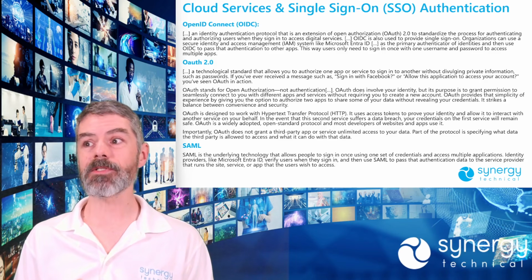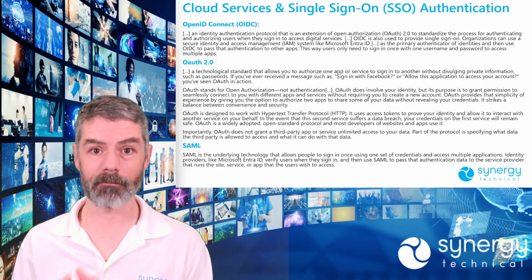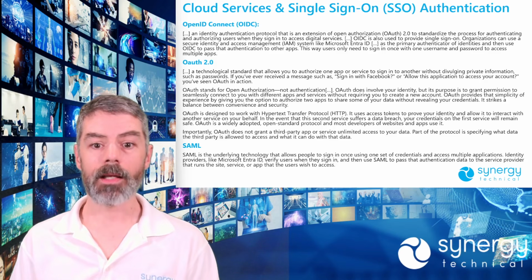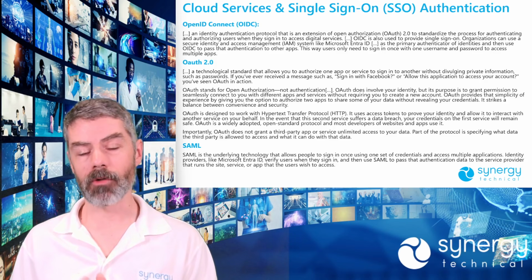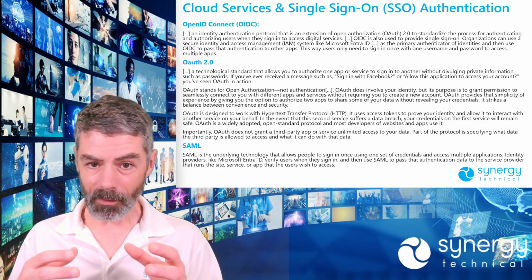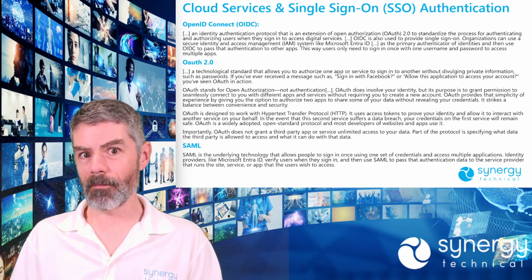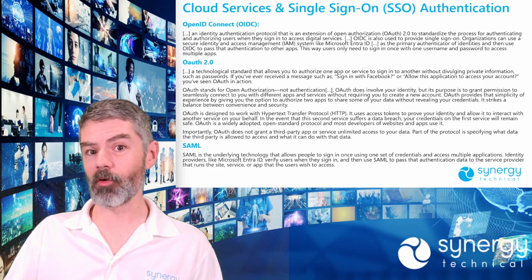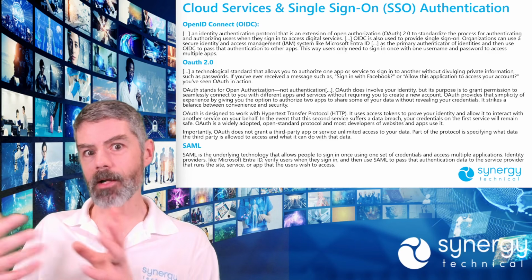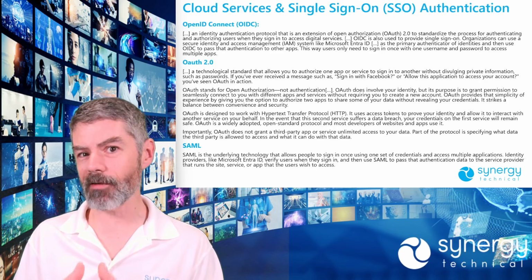So what we need to do is start looking at how cloud services and single sign-on authentication work in the internet. And so Microsoft has done a lot of work in investing in what they call OpenID Connect. Now, OpenID Connect is an authentication protocol that is built on top of OAuth 2.0. And the reason why I'm breaking this out here like this is that OAuth 2.0 is actually not an authentication protocol.